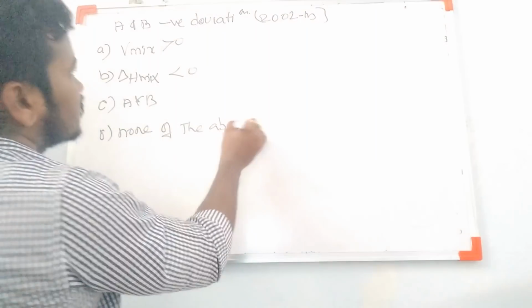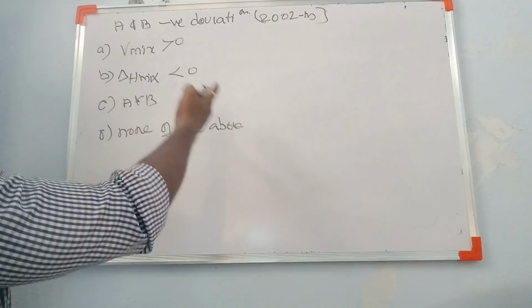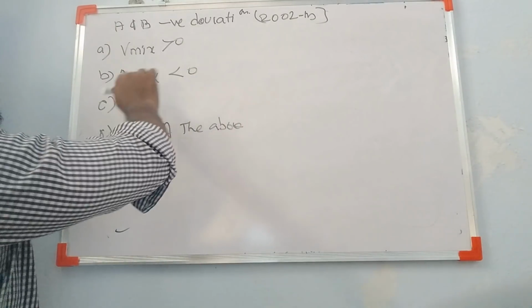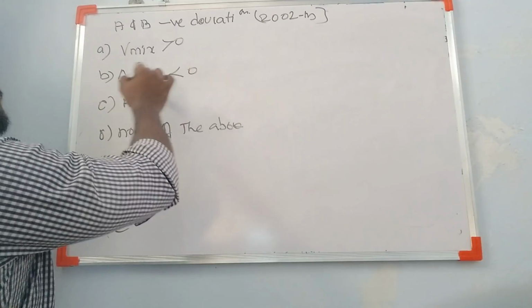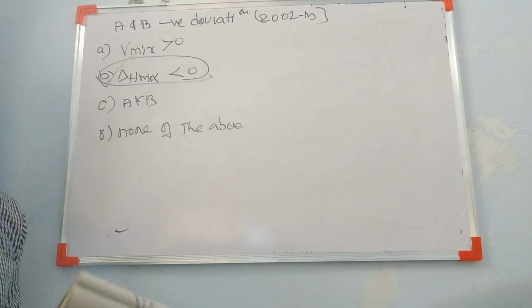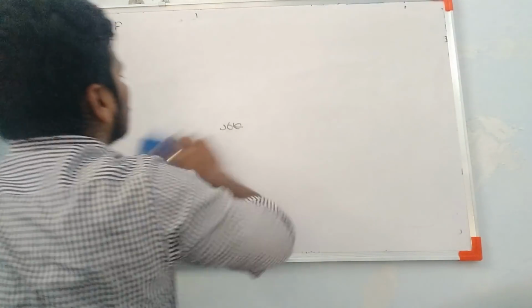Just now we discussed positive deviation: delta H is greater than 0 for positive, and for negative it is less than 0. So automatically the option will be like this. Positive deviation, negative deviation, maximum questions they will cover.